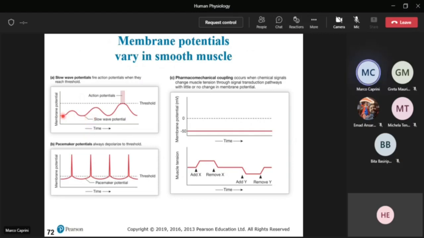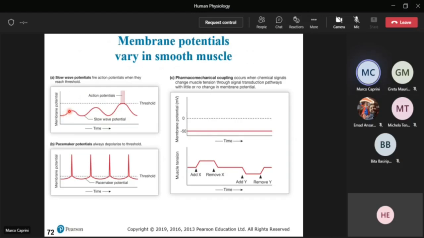Because in panel A and panel B, we have different types of action potential. In panel A, we have slow wave potentials that fire action potentials when they reach the threshold. The idea is always the same.